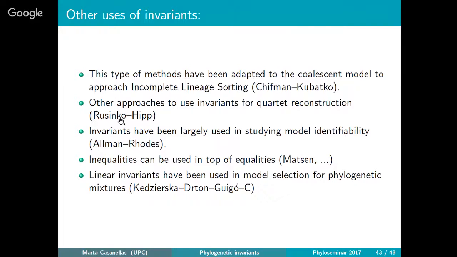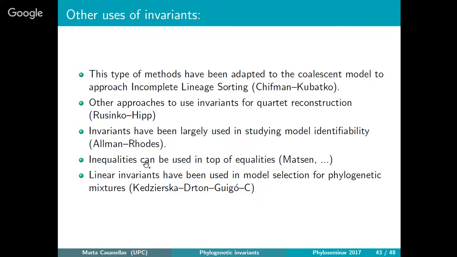There have been other approaches directly using the invariants and not the SVD method, by Rusinko and Hepp. Invariants have been used in many studies of model identifiability. When a new model is introduced, whether its parameters are identifiable or not, you can theoretically use the phylogenetic invariants or the topology invariants also to study this. This is work of Allman and Rhodes in many different papers.